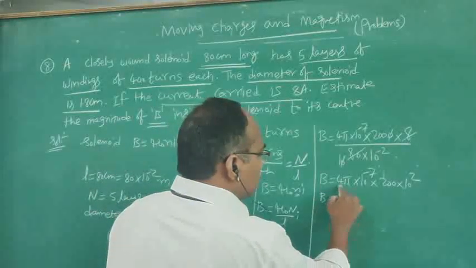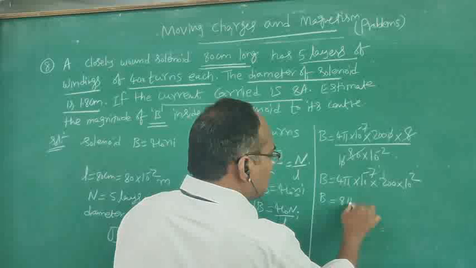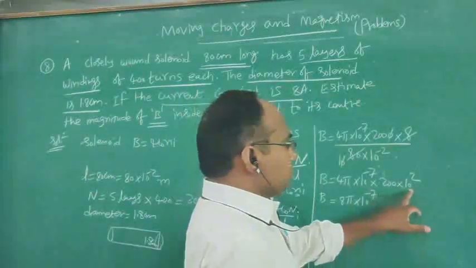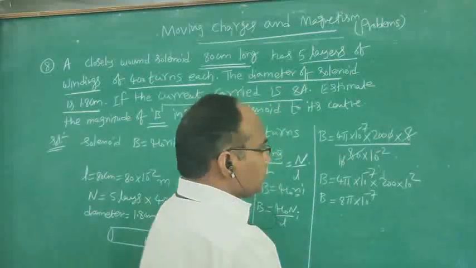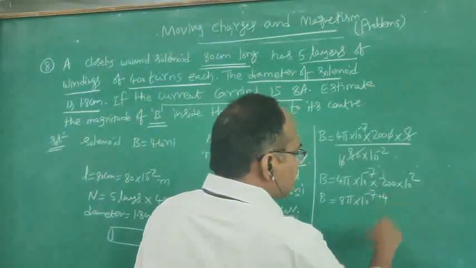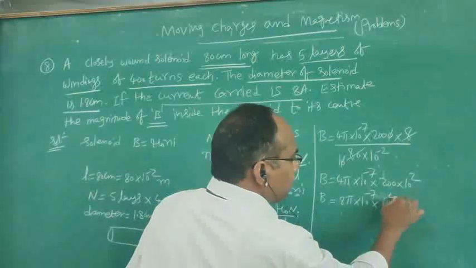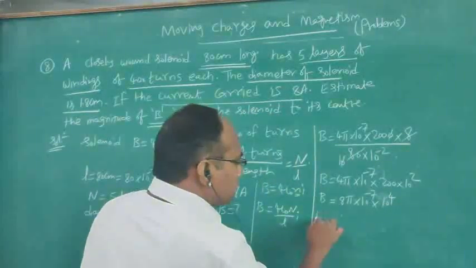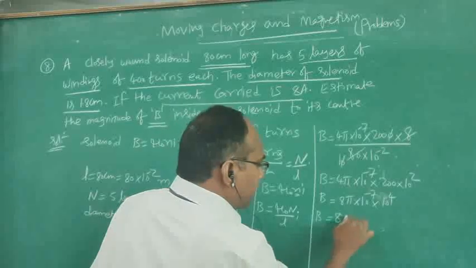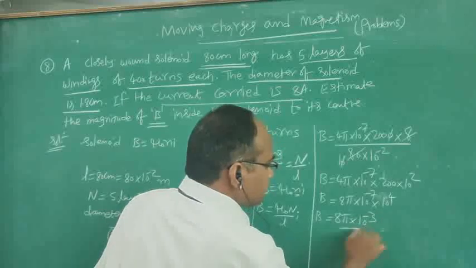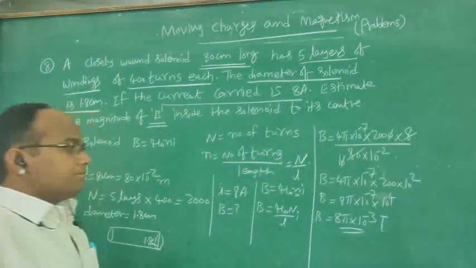B is equal to 8 pi into 10 to the power of minus 7, and this 2 is nothing but 10 to the power of plus 4. So what is the value? B is equal to 8 pi into, minus 7 plus 4 is how much? Minus 3. This is Tesla.